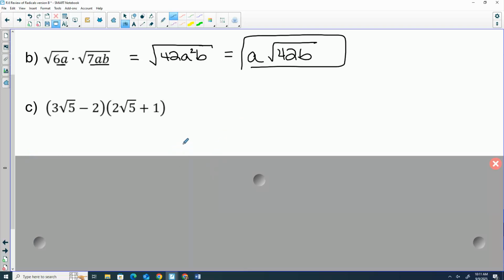What do I have to do in this problem? So when I multiply these, if you're multiplying with radicals, the numbers outside our radical get multiplied together. So the 3 and the 2 give me a 6. And then the numbers under the radical get multiplied together. So 5 and 5 is 25.